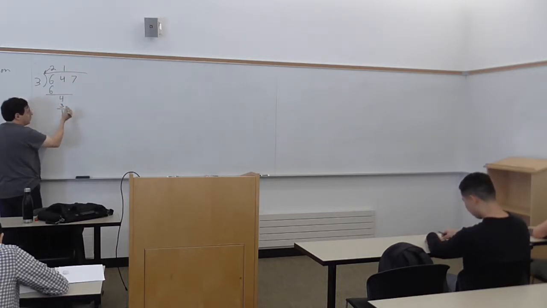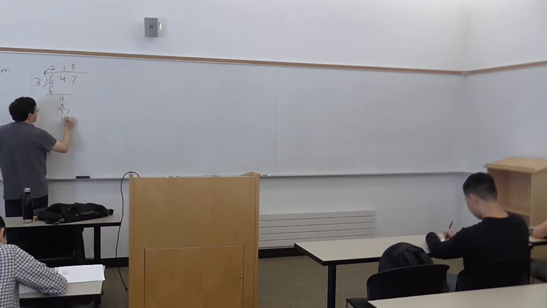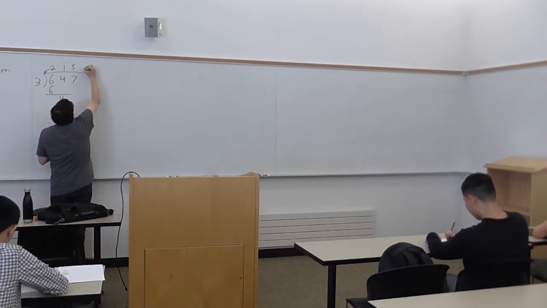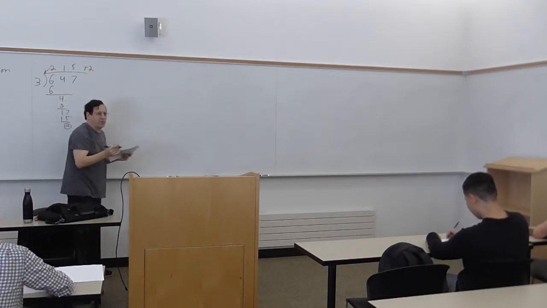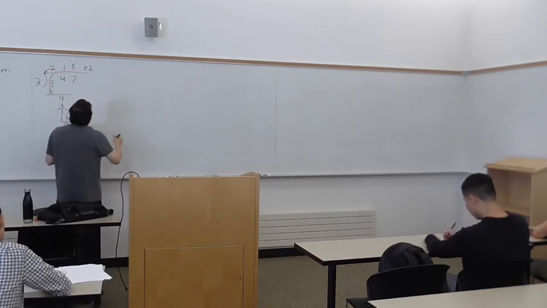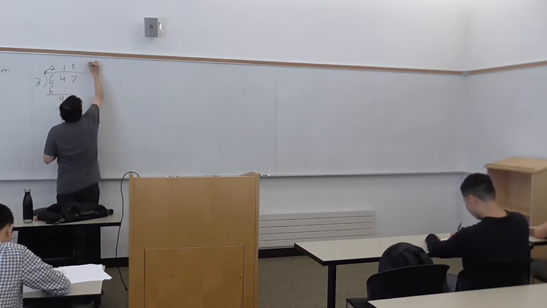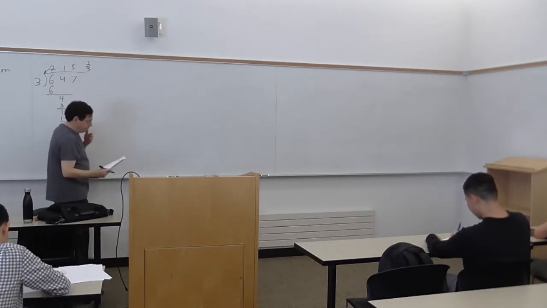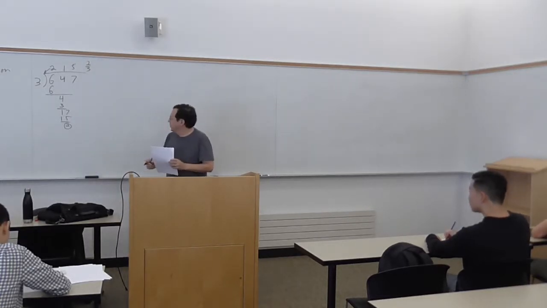We have 3. Oh, now I do have something like 17. Times 5, 15. Now I'm done. I've got a 2 here. We can either write that as remainder 2. That's how you do it in 5th grade or 4th grade when you're learning this. Or when we get into high school, we'd say that's 2/3. Right? So that's how long division works.